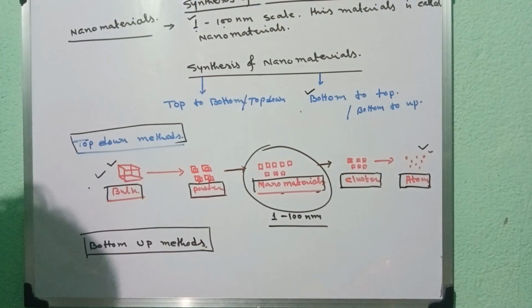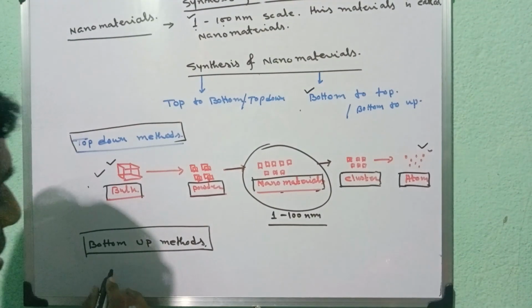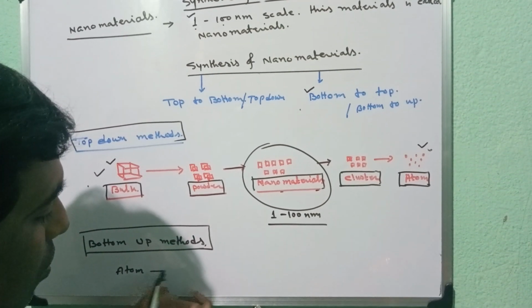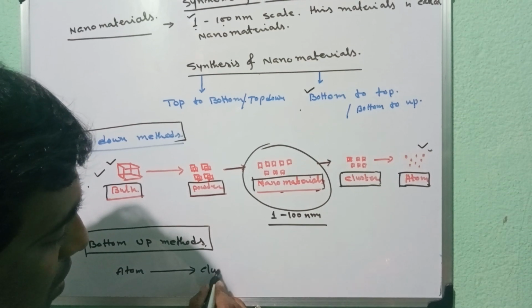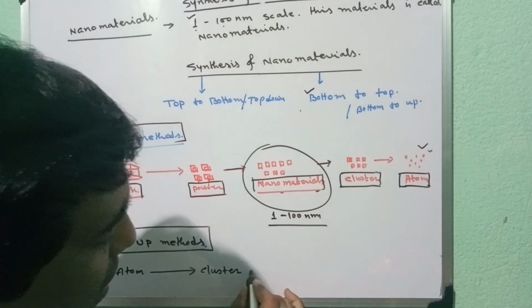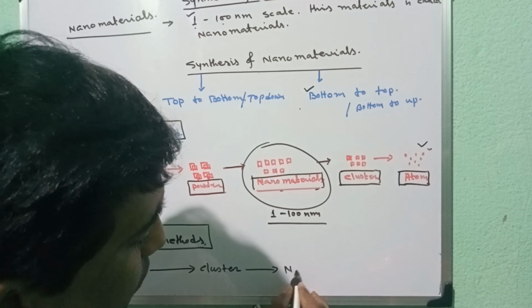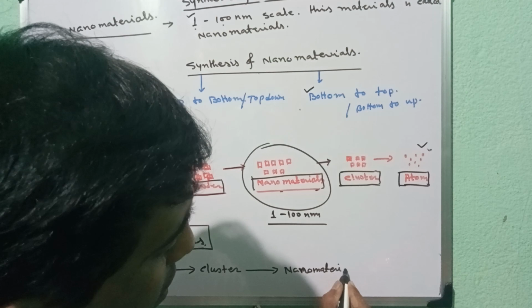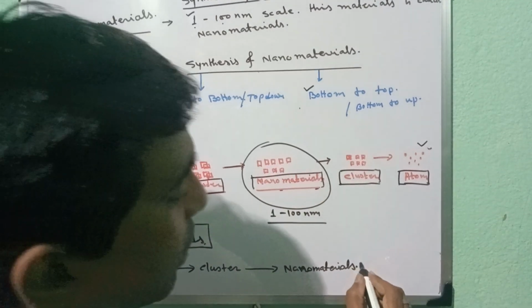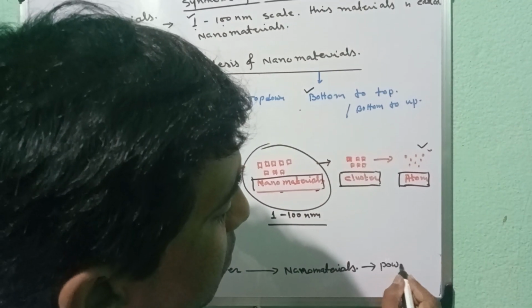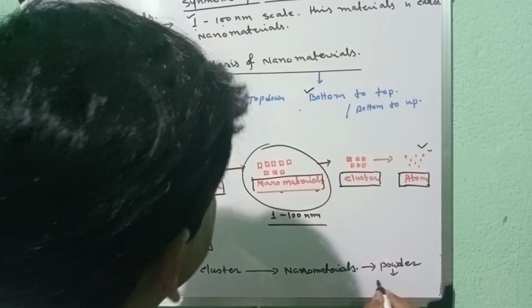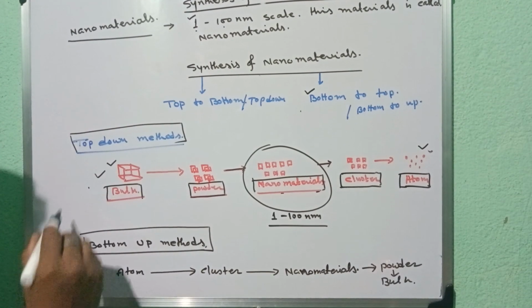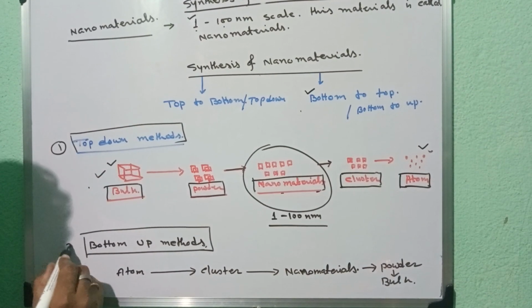First is the atom, then cluster, then nanomaterial, then powderic form, and next it is called bulk.